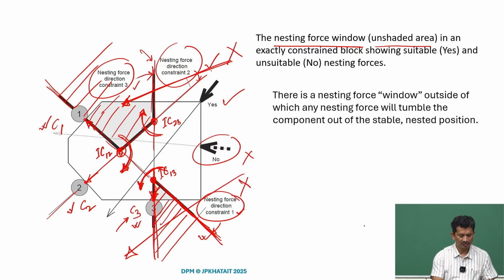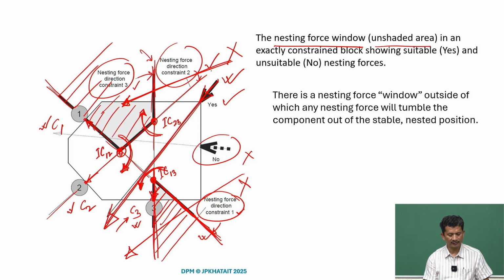But there is one unshaded area, and if the force is passing through that, for instance the one shown here, if the force is like this, this force is a good solution.